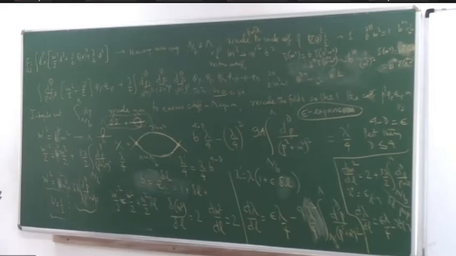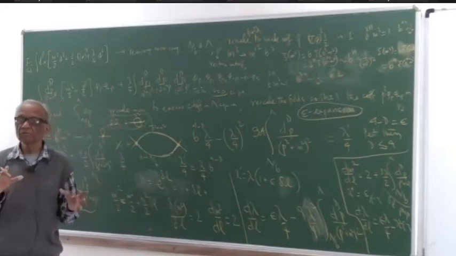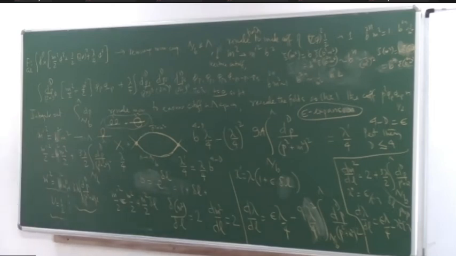You may not have a God-given small parameter. You don't need to have a God-given small parameter in the problem to do a perturbation theory. That is the big thing over here. So, great. How well does it work?